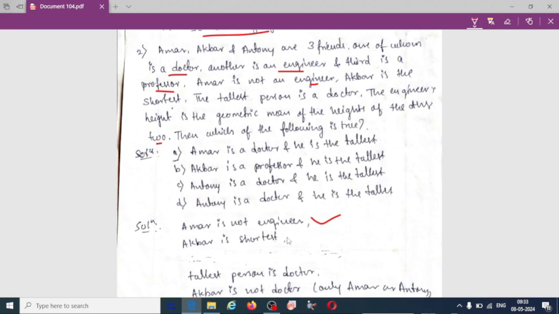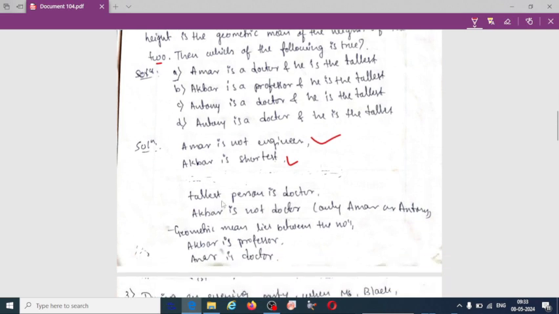If Akbar is shortest, then he should not be tall, so this option we can weed out directly. We still need to verify for Anthony. The tallest person is a doctor, so either Amar or Anthony may be the doctor. Akbar is not the doctor, so he may be the professor.